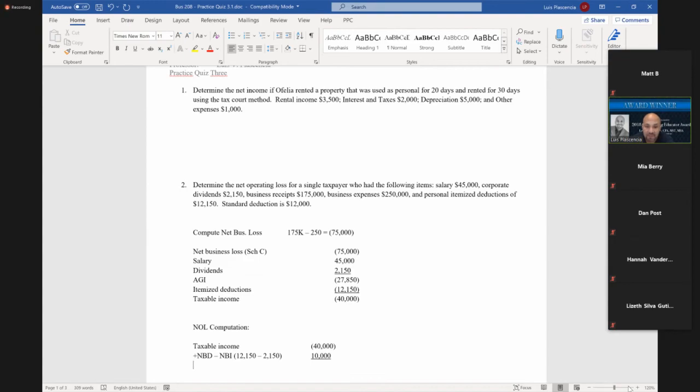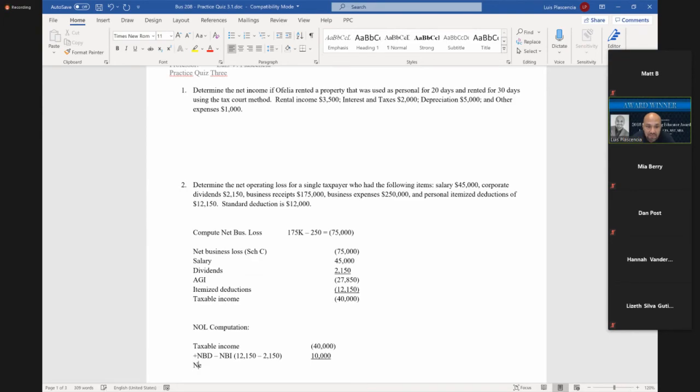Active income is business income. Then category 2, portfolio income, which we've talked about already, and category 3, passive income, which is what we're going to talk about today. Those two categories are non-business income.